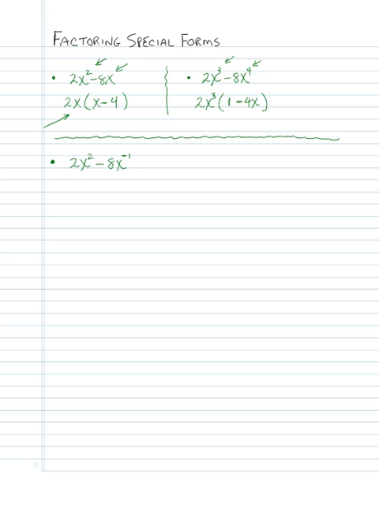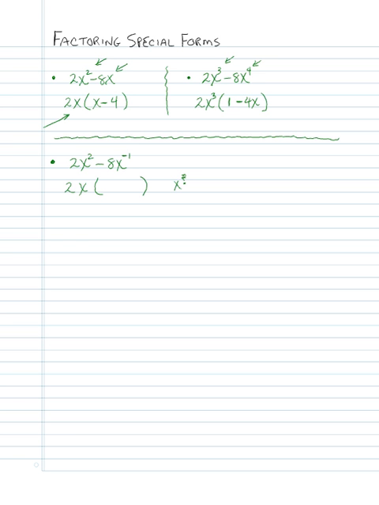It's the same numbers and the same variables. That 2 we can factor out again, since 2 is a factor of 2 and also of 8. And since we have x in both terms, we're going to factor out x to some power. What power are we going to put on x?